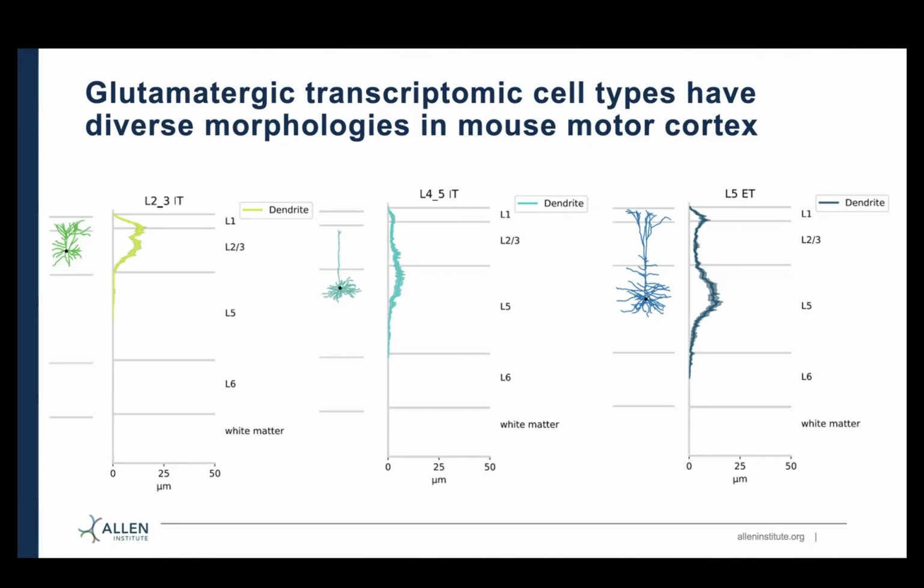If you'll notice, this is a neuron from motor cortex, but it looks very similar to an untufted or star pyramidal layer 4 neuron that you would find in somatosensory cortex or any other granular cortex. And then over here on the right, we're showing a layer 5 ET or extratelencephalic projecting neuron, which has many dendrites, mainly distributed in that upper part of layer 5, though these neurons are found throughout the depth of layer 5 in this cortical brain region.